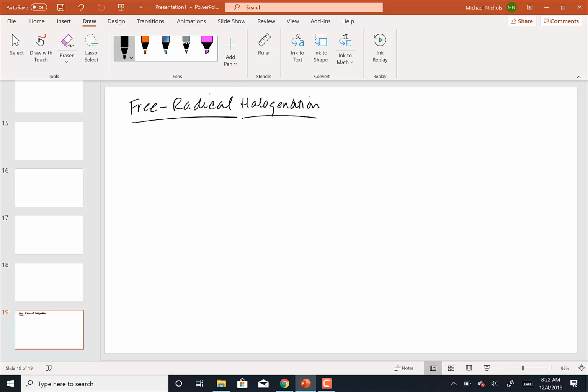But let me just introduce the idea here that if you took something like ethane and you added to it chlorine gas, and this can be done either with light or heat, you're going to end up replacing or substituting a carbon-hydrogen bond with a carbon-halogen bond.